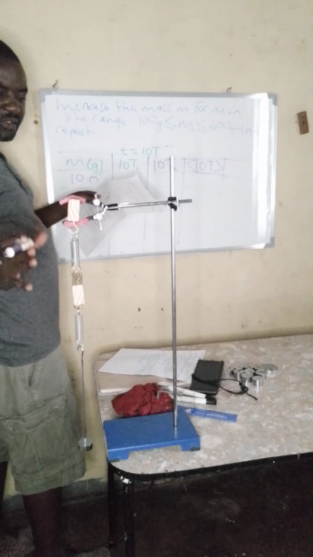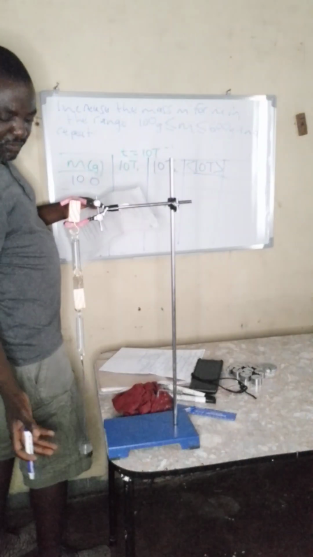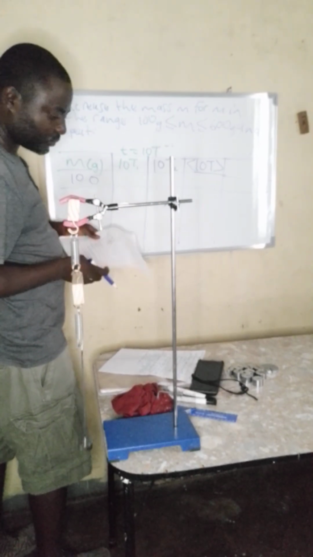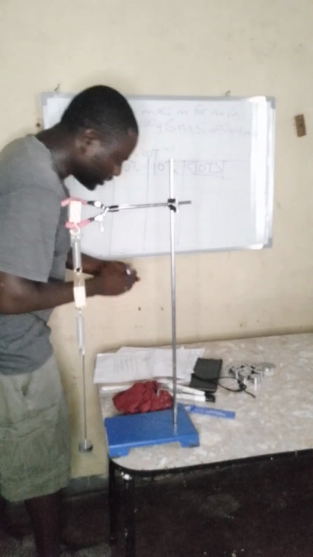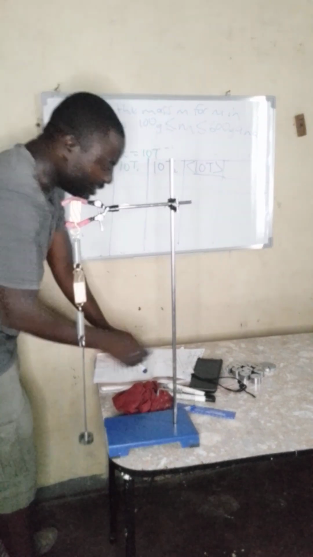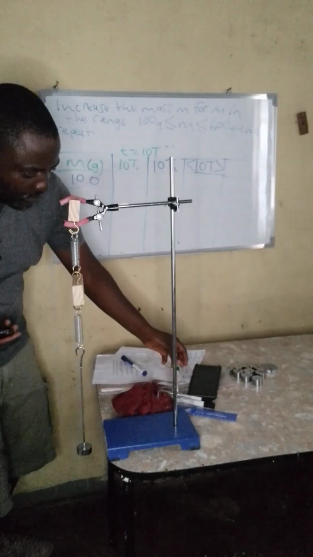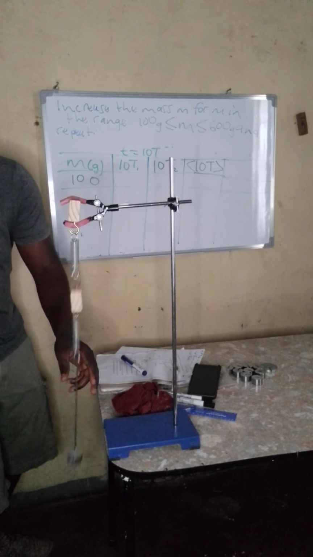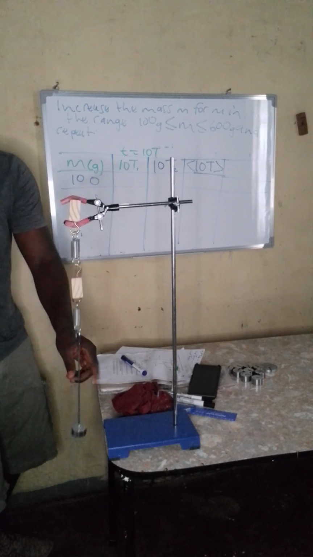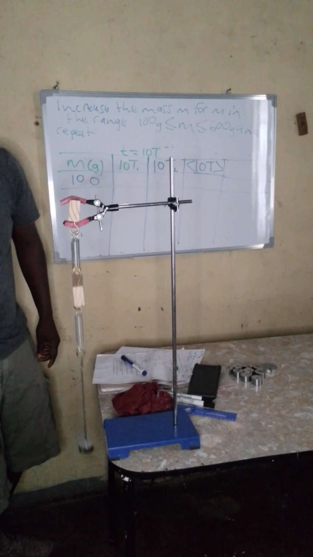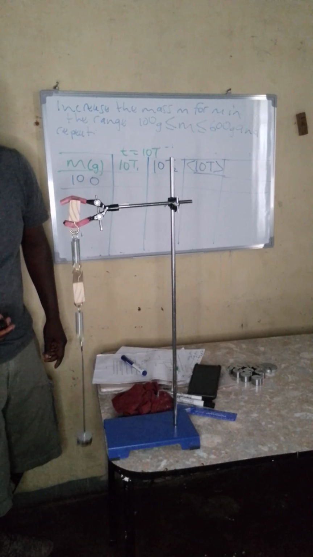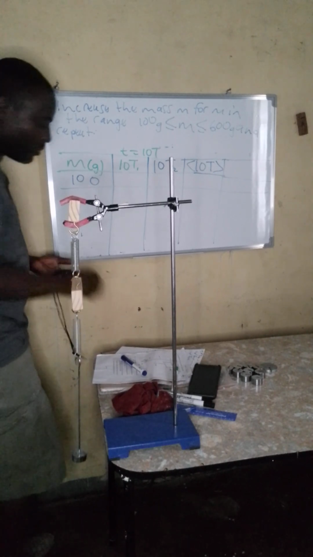So already we've set up the apparatus. We want to observe oscillations in a vertical plane, right? So we can measure time for 10 oscillations for 100 grams. For the first time, it's 5.50 again.